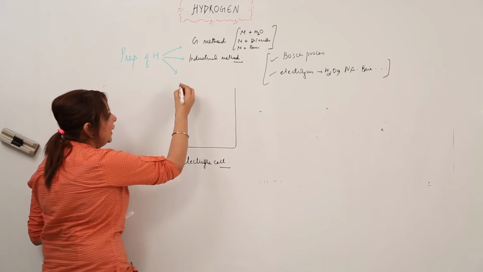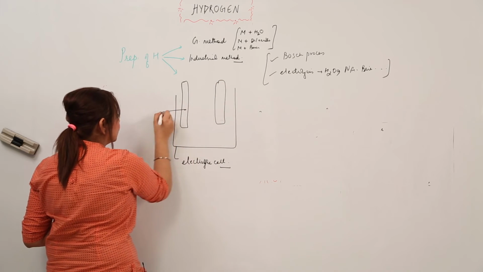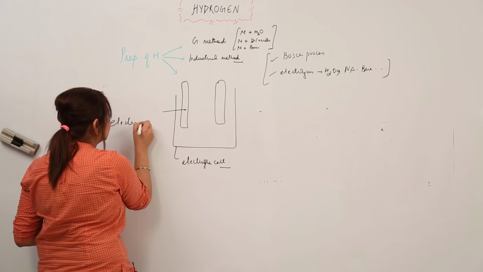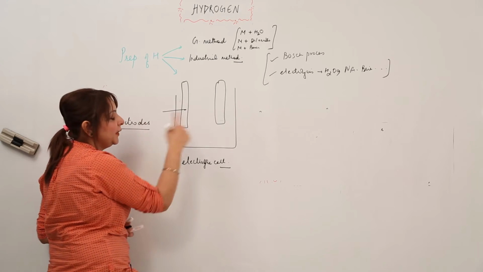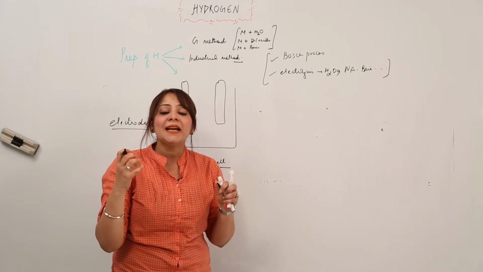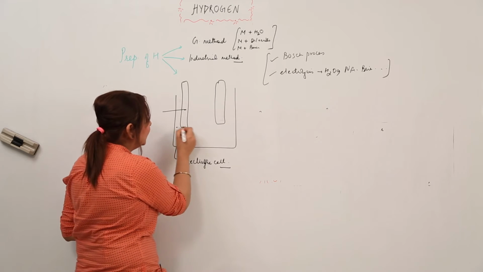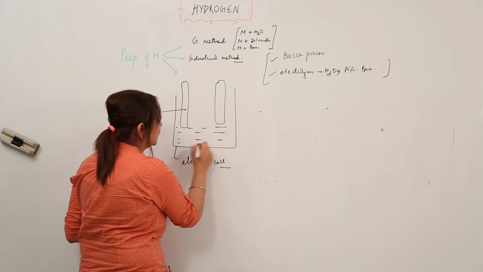What do we have in it? We have the electrodes. What are the electrodes? They are actually the source of the current. We will be connecting these electrodes by means of wire to the cell or battery, and they will act as a source of current for the solution, right? And the solution which we will be taking here is an electrolyte.